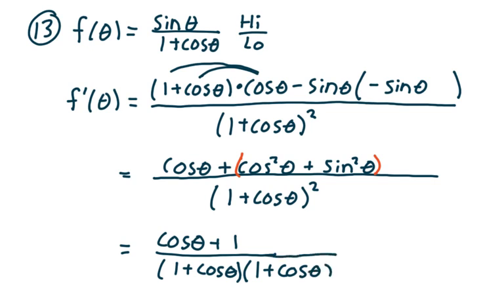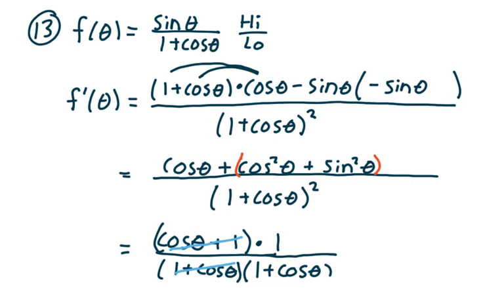Now, I need you to view cosine theta plus 1 as a factor. And to get you to do that, I'm going to put cosine theta in parentheses, and I'm going to put a times 1 here. Because what we can do from there is we can cancel the 1 plus cosine thetas accordingly.